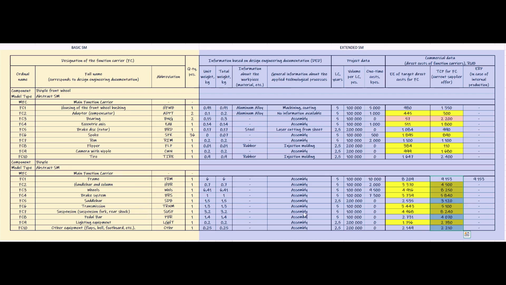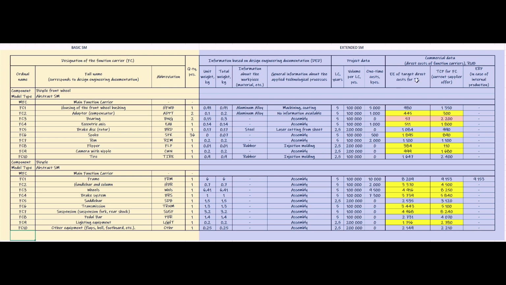Accordingly, an example of independent formulation is a practical case with the design of the working design documentation for a bolt front wheel bushing housing, where the number of functional model functions is several times greater than the number of function carriers, and the availability of design documentation and commercial proposals doesn't correspond to the level of abstraction of the structural model and functional model, which accordingly requires the use of expert evaluation, or EE.